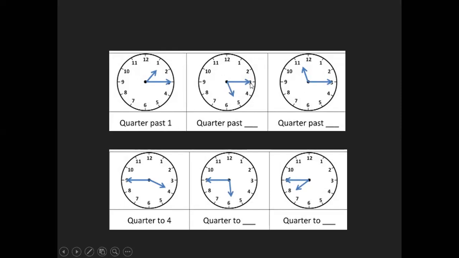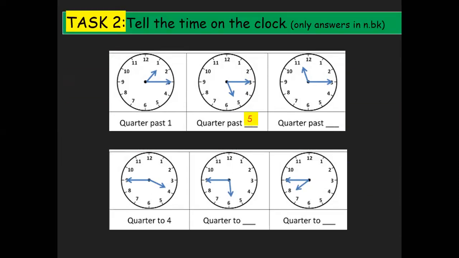This is 15 minutes after what time? The hour time is between 5 and 6. So we're going to use again the lesser value. So that is 5:15. What about 15 minutes after this time between 11 and 12? So use again the lesser value, which is 11.